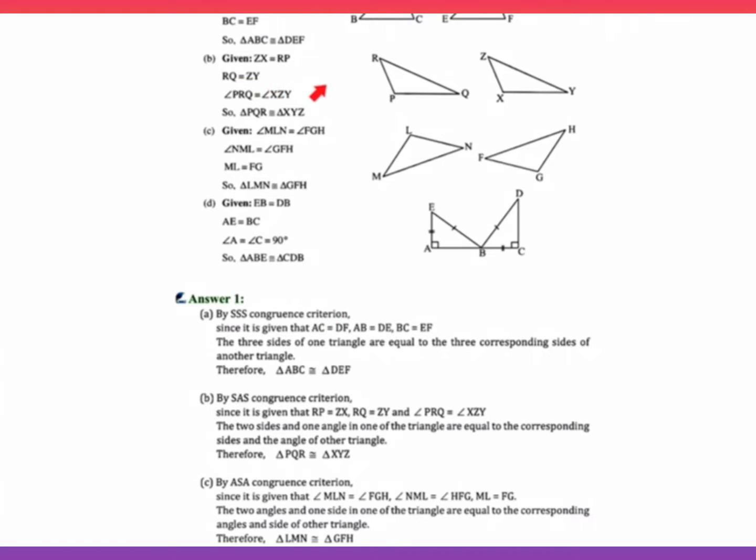After that, here is given question number second, part B. In this, ZX equal to RP, means this is the side ZX of triangle XYZ and PQR.